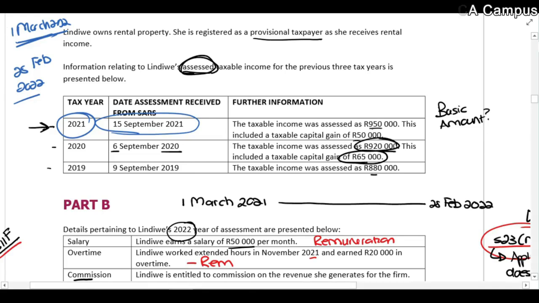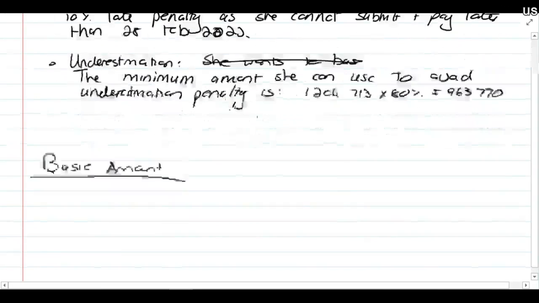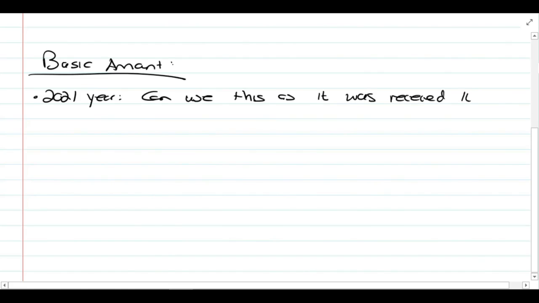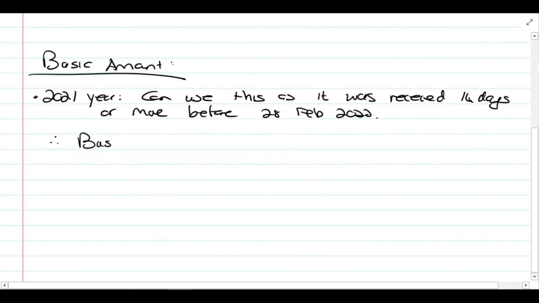Okay, the tax income was 950,000, with a taxable capital gain of 50,000. So the basic amount for the 2021 year we can use, as it was received 14 days or more before 28 February 2022. Thus the basic amount is 950,000 minus the 50,000 taxable capital gain, so 900,000.